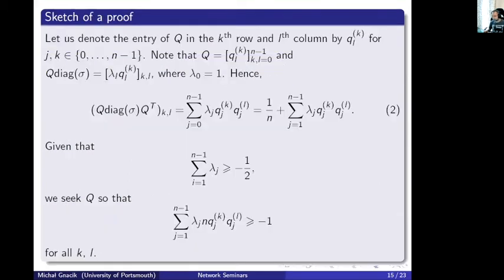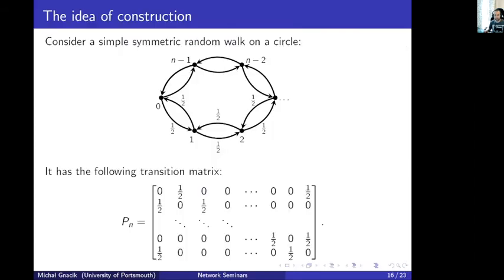I might skip this slide because it's just based on calculations, and I will just give you an idea of the proof. So how did we come up with this matrix Q? Because I study random walks on a daily basis, we were like, okay, if we take a random walk on the circle, it has the following transition matrix.